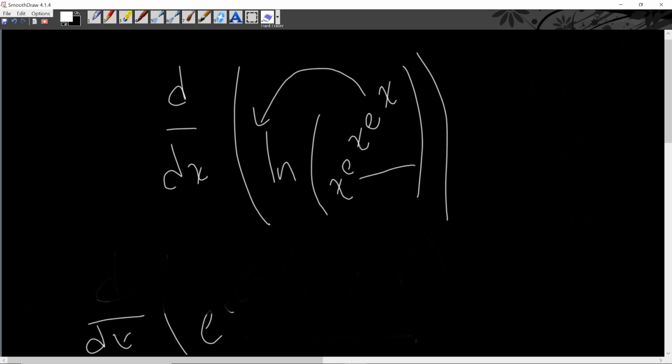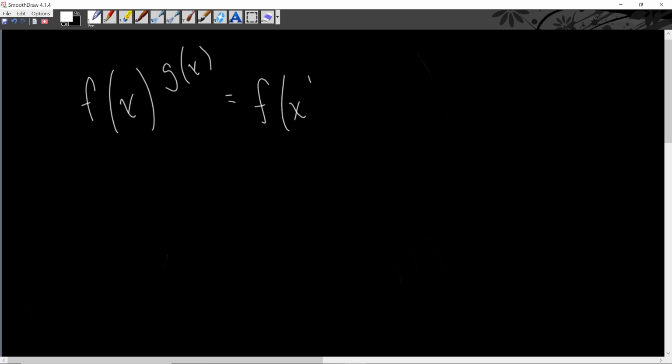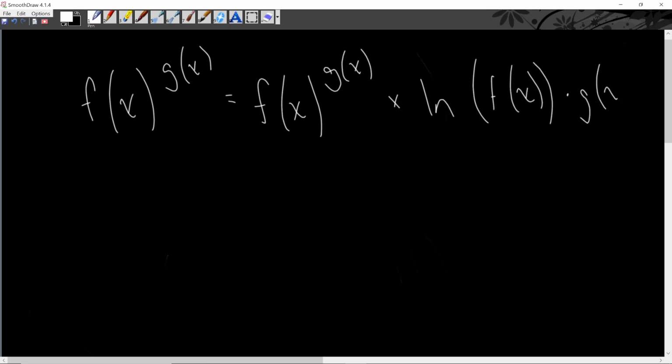But before we get into the actual differentiation, we need to look at one relatively important proof, or it's not really a proof, I'm just going to kind of show it to you, and that is the derivative of f of x to the power of g of x is equal to f to the power of g times the quantity ln of f times g, prime.